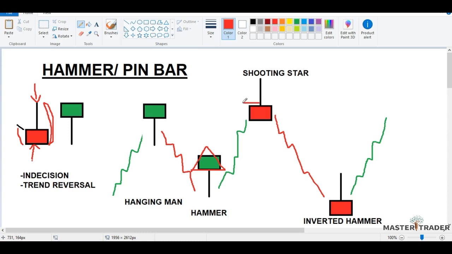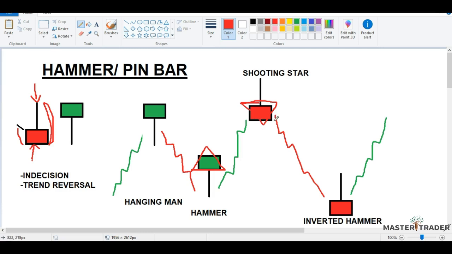Now again, you can do the same thing here. Draw this down arrow, and what is it indicating? That price wants to move lower. This down arrow means price wants to move lower. So, a very, very strong reversal pattern.